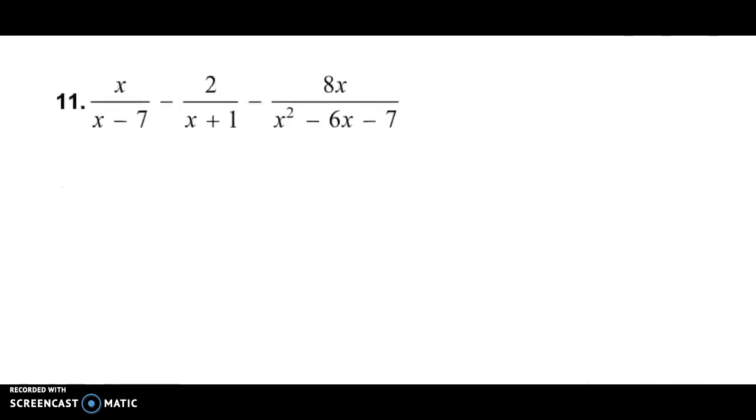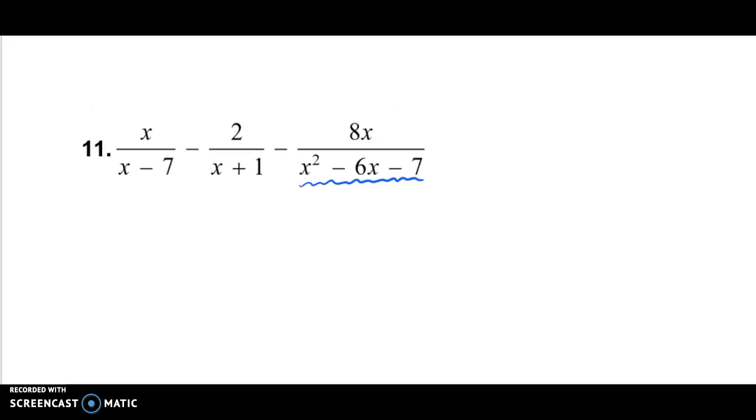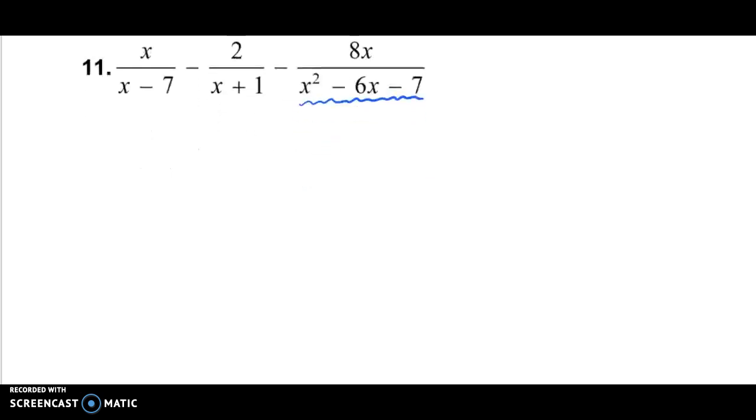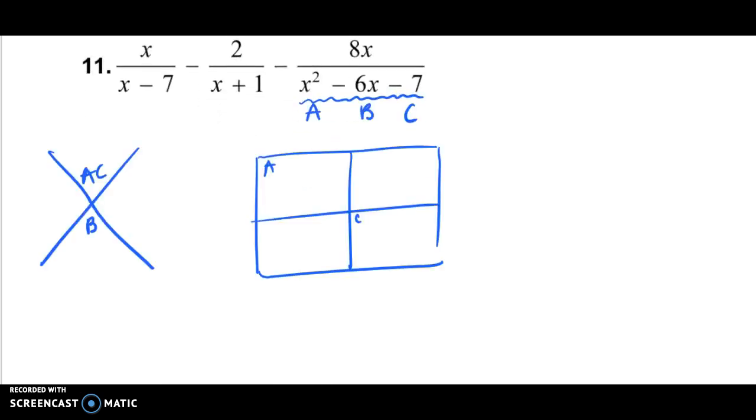Okay, here we also don't have a common denominator, so we need to figure out the least common multiple. First, we're going to factor this term, since it's not factored already. We're going to use the x method, so a times c is negative 7x squared, b is negative 6x, and then our two numbers should be negative 7x and positive x.